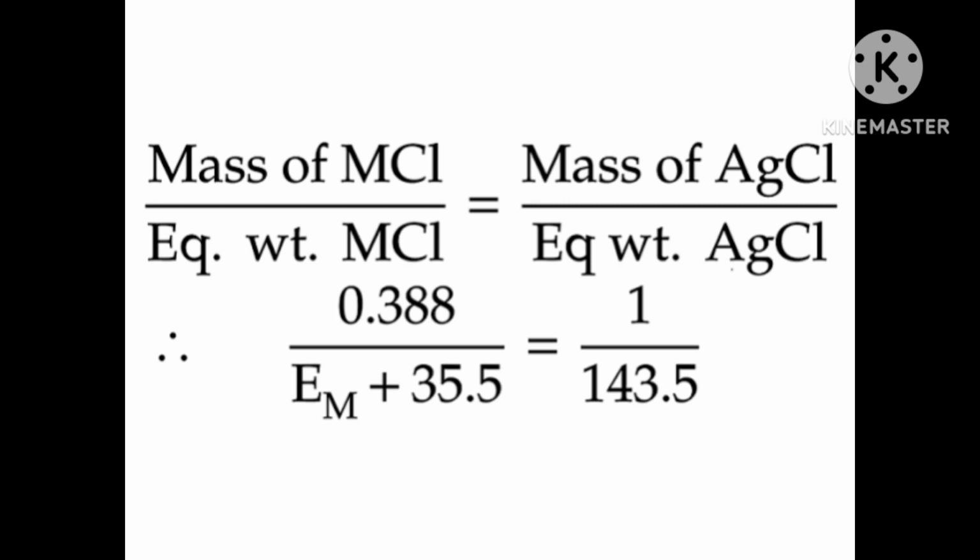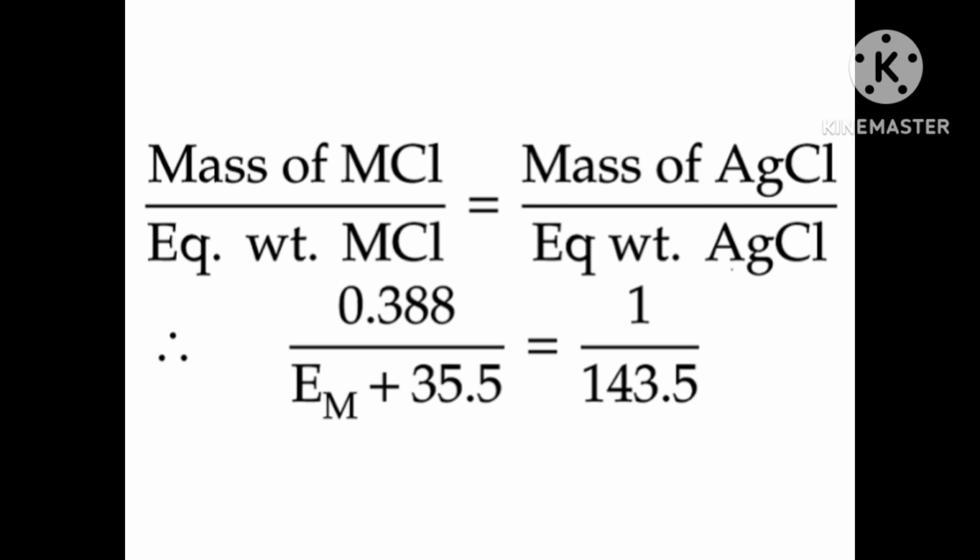Hence, equivalent weight of an acid is the weight of the acid neutralized by 1000 cc of 1N base solution, containing 1 gram equivalent of base. Likewise, equivalent weight of a base can be determined.